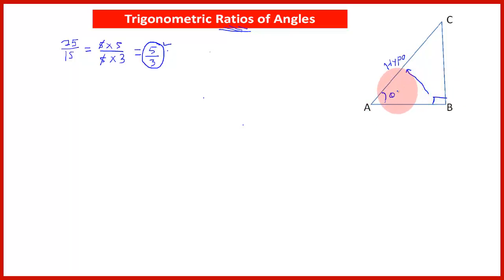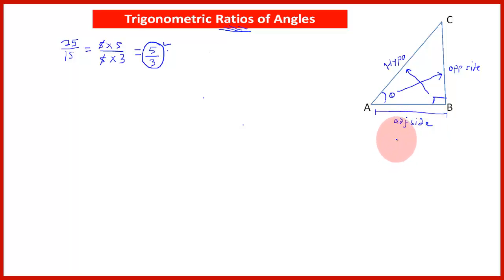So the side which is opposite to theta is called the opposite side. And the remaining side AB, which is adjacent to angle theta, of course the hypotenuse is also adjacent to angle theta, but since that side we call the hypotenuse, only one side remains, and that is called the adjacent side of angle theta.